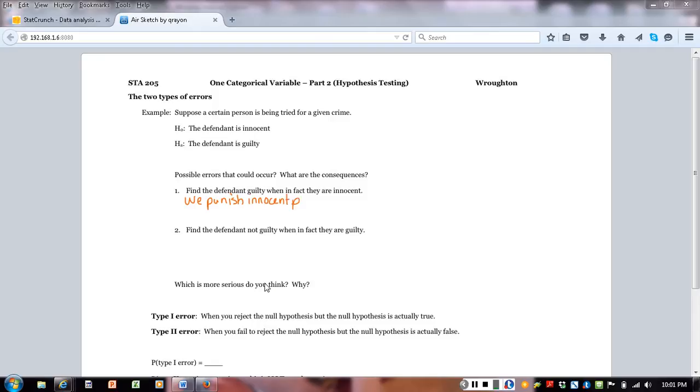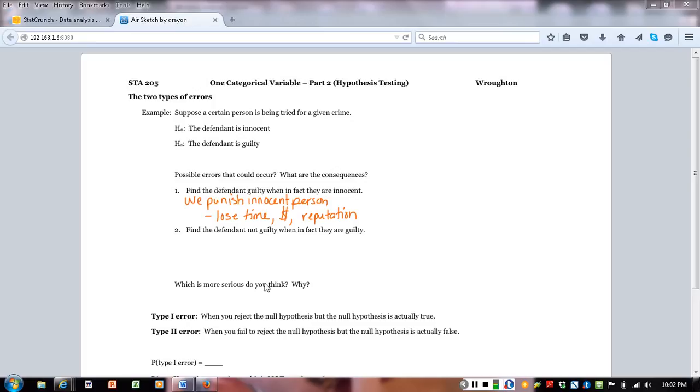And if we punish an innocent person, what kind of punishment might they get? Well, they might lose time. So if they go to jail, they're going to lose time. Maybe they lose money on some type of fine. Or maybe it's just something small, but they still end up having their reputation hurt a little bit. And all of these things are bad because the person didn't really deserve it.